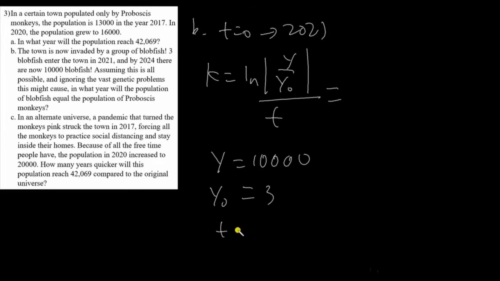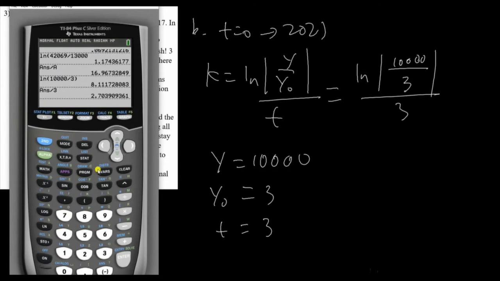And then t is, so how many years passed between 2021 and 2024? That's 3 years. So this is going to be the natural log of 10,000 over 3, and that over 3. And I'm going to store this in the variable b. We still might need a again. So that's approximately equal to 2.704.